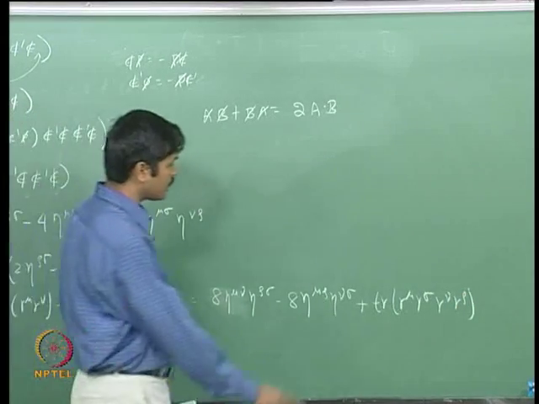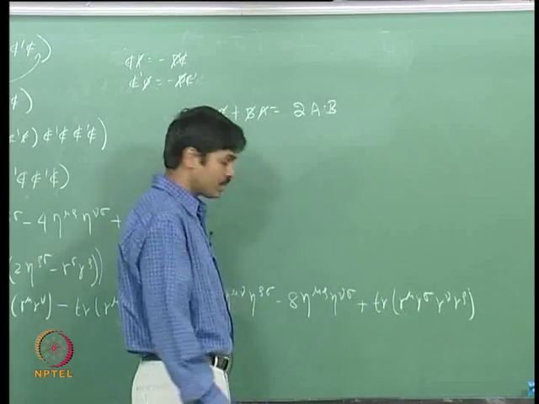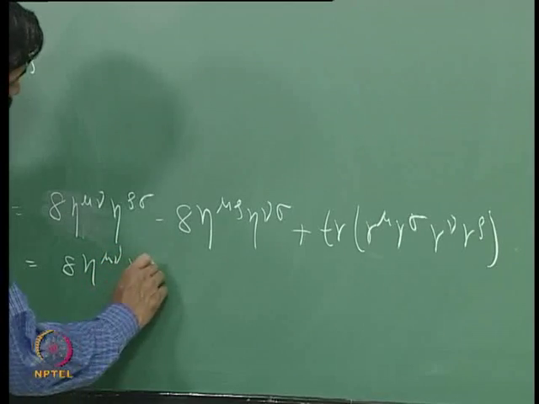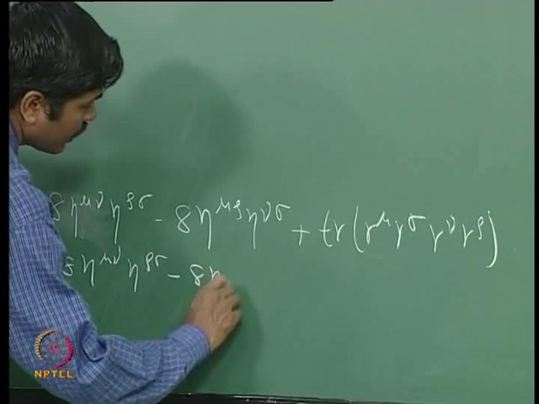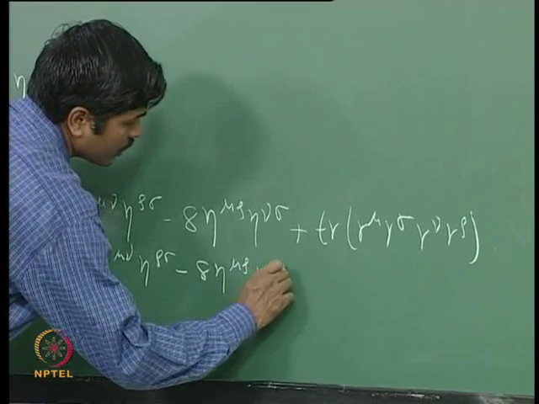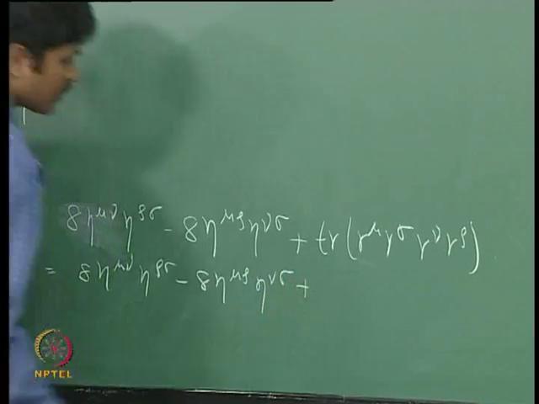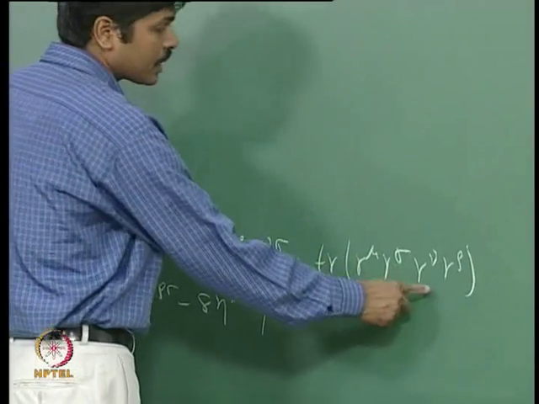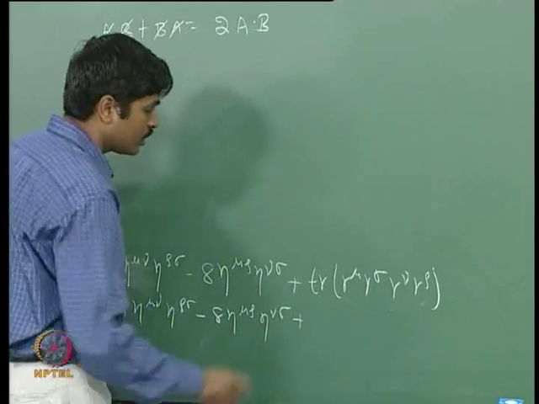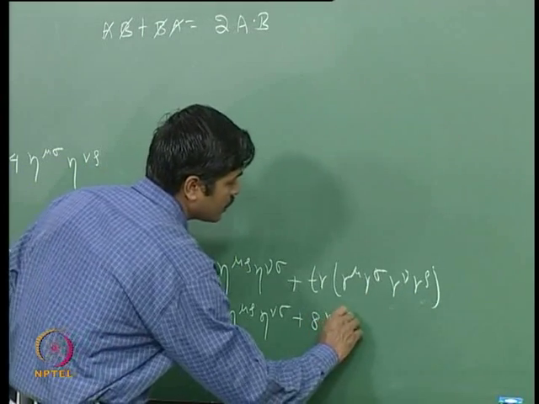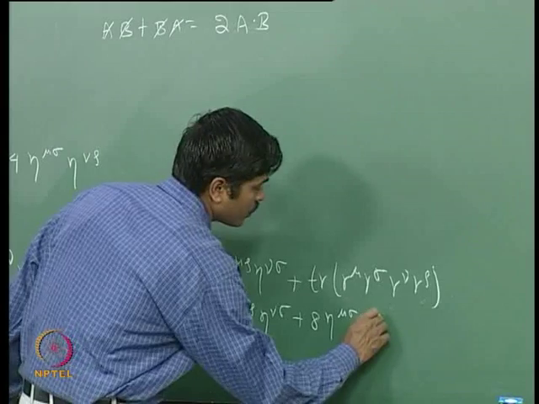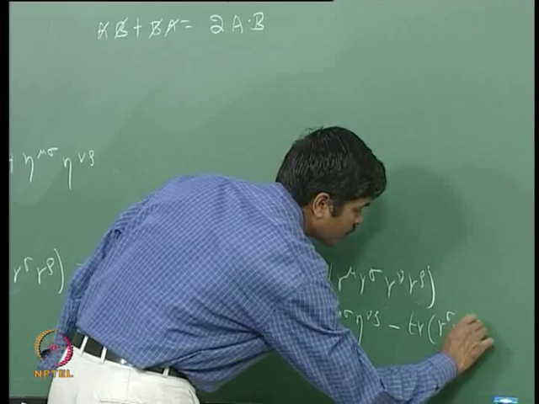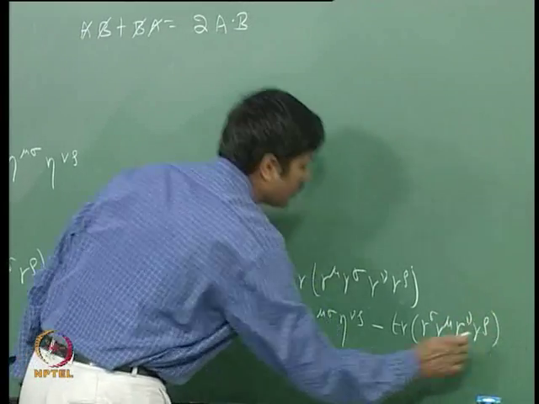Now, in this expression again I will pull it once, then what I get is 8 eta mu nu eta rho sigma minus 8 eta mu rho eta nu sigma plus this will give you twice eta mu sigma times trace of gamma nu gamma rho, which is 8 eta mu sigma eta nu rho minus trace gamma sigma gamma mu gamma nu gamma rho.